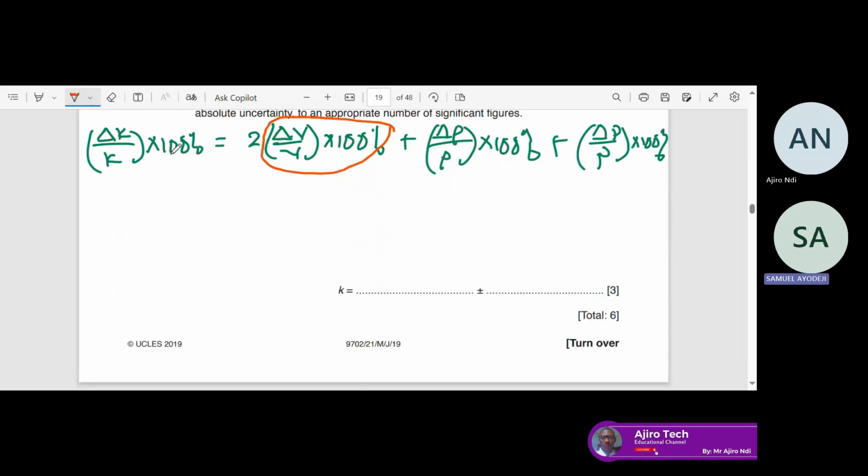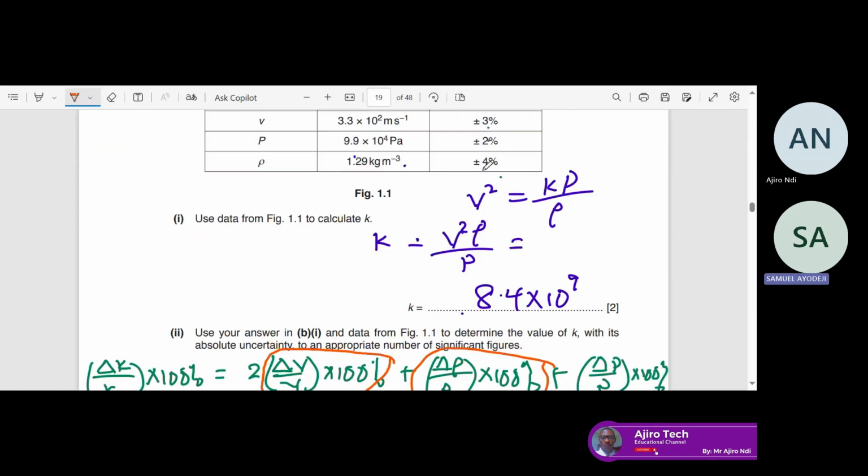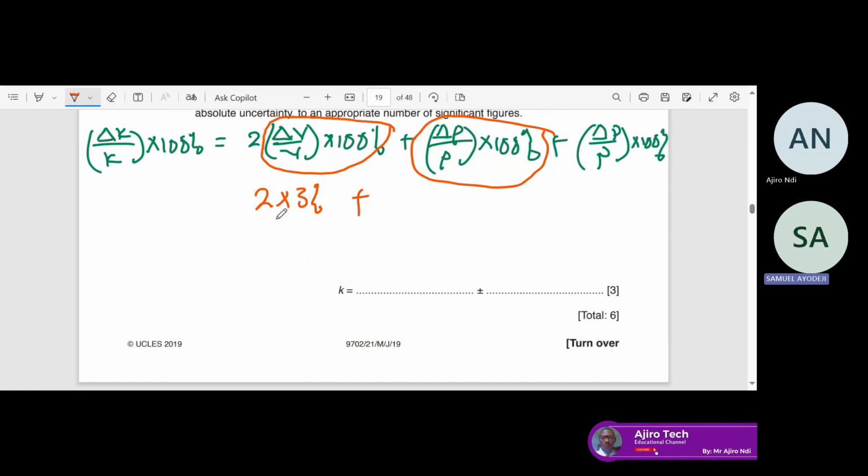So this one gives you 2 multiplied by 3%, plus the whole of this, you have been given in density 4%, the other one 2%. So everything is 6, then that will be 12%. This is not what they asked you to calculate. It's uncertainty now. So you got 12 here.